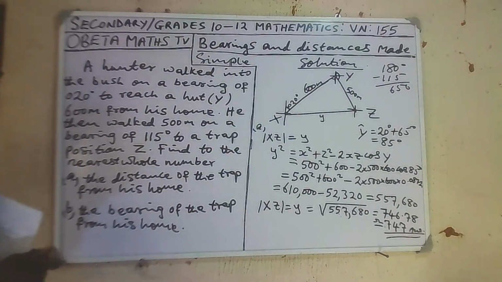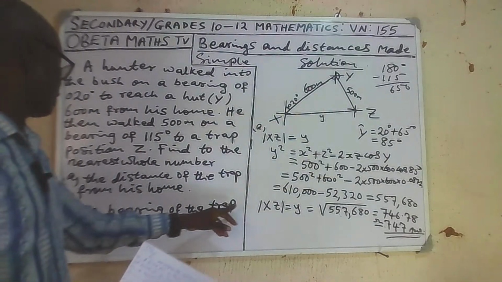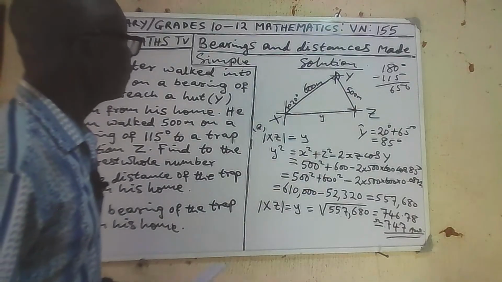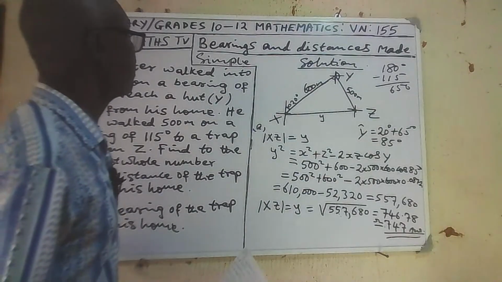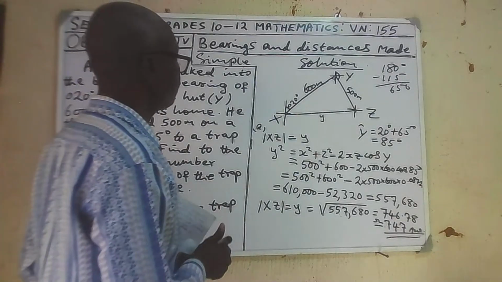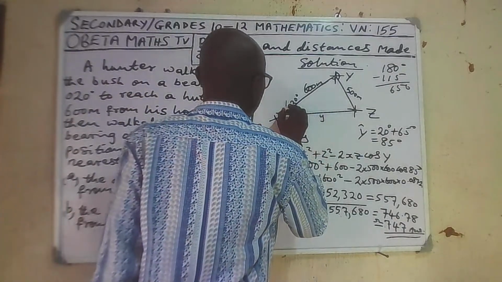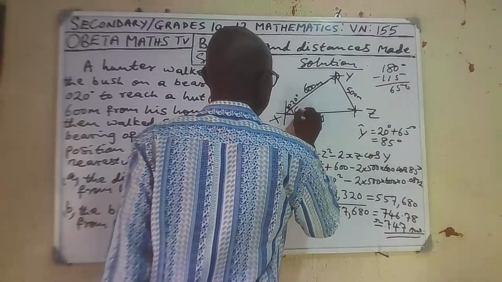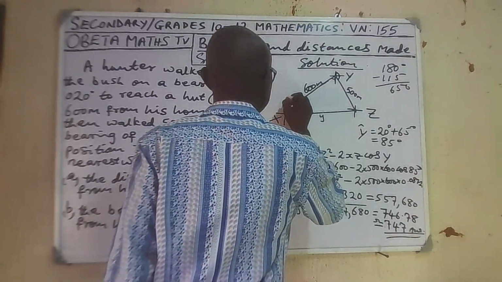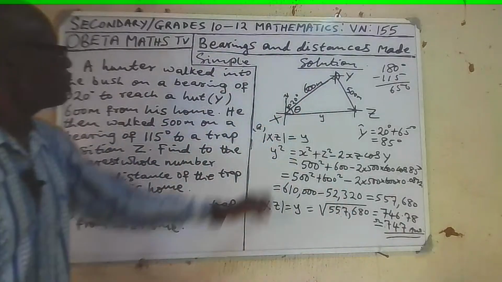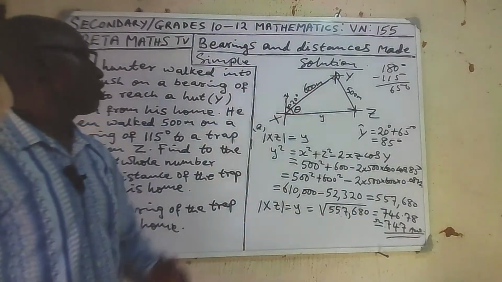The next thing for us to do is to find the bearing of the trap from his home. The bearing of the trap from his home should be the whole of this angle. That means 20 plus whatever we get here as our theta. So we need to calculate this and add it to 20.